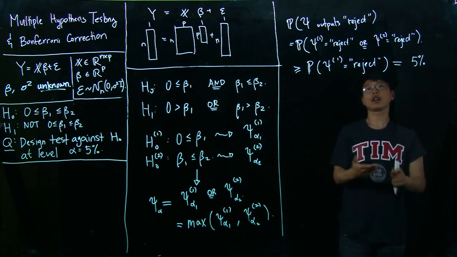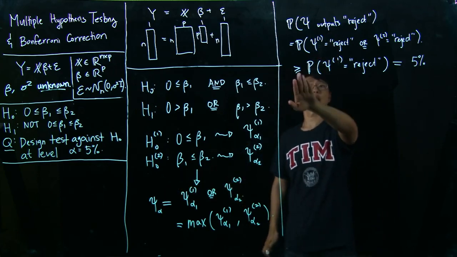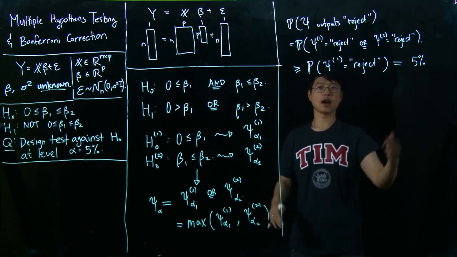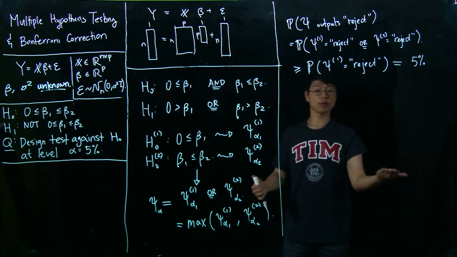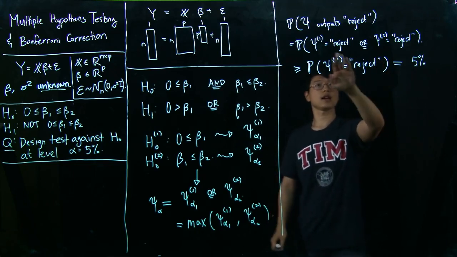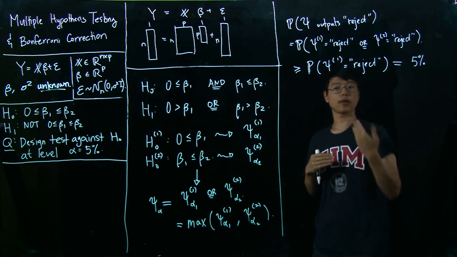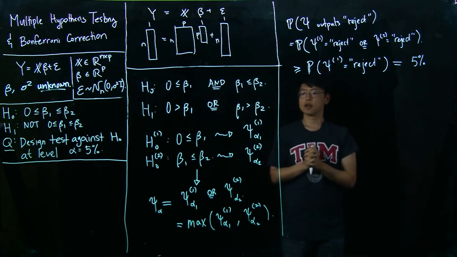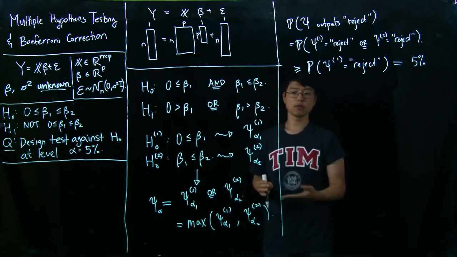So we no longer have the guarantee that this test has level 5%, because it's greater than or equal to 5%, not less than or equal to. Could be the case that we have 5.1%, if it's the case that this union of these two events has probability slightly larger than 5%. So clearly, setting both of these levels equal to 5% is not the right thing to do.